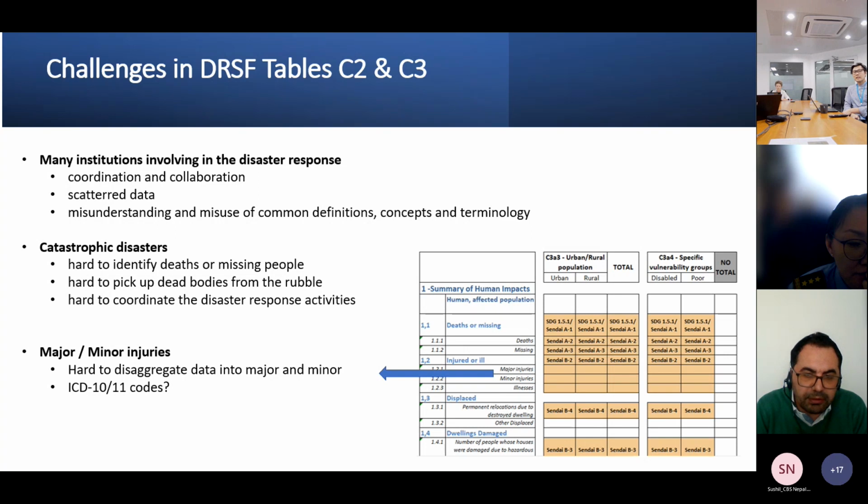So these records may be investigated and recoded as a major or a minor injury by possibly looking at their ICD codes. But this is actually time consuming and hard to distinguish and identify. So this disaggregation, I think, can't be filled in these tables.